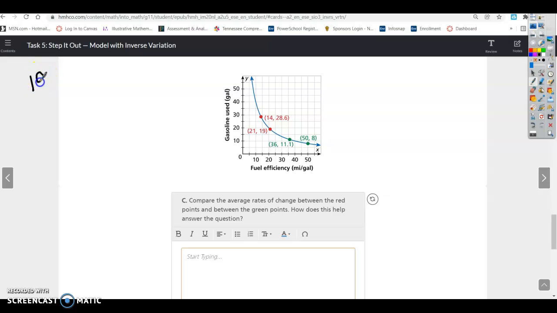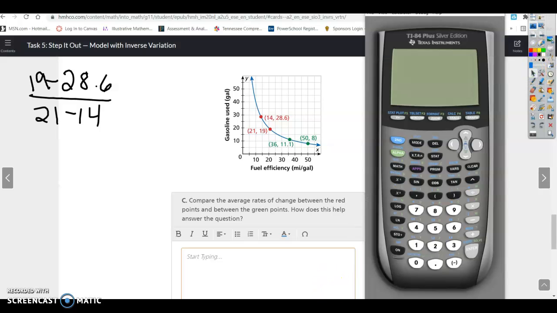So if we do 19 minus 28.6 over 21 minus 14, that's going to be negative 9.6, and then 21 minus 14 is just 7, so let's divide this number by 7.